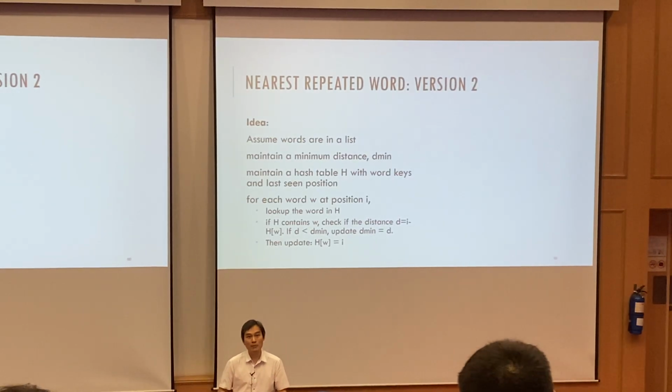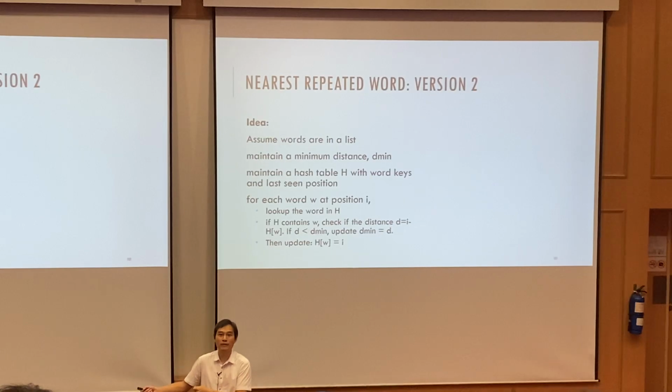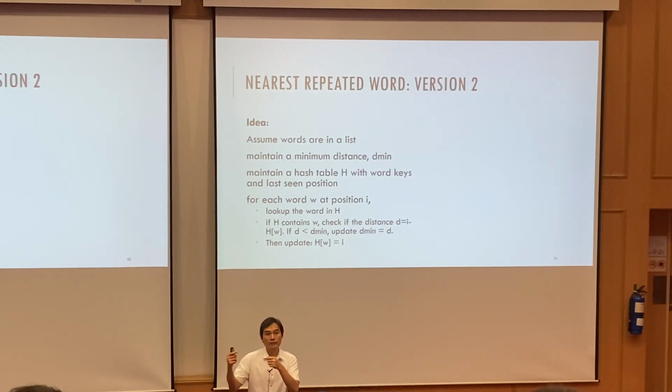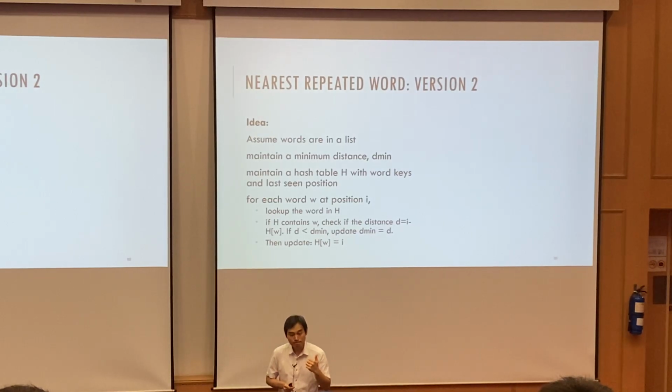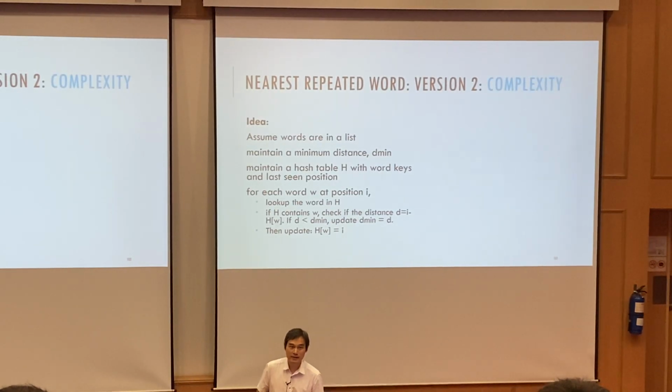And then I update my hash table and keep moving forward. This works because once you find the last seen point, you don't have to look further than that. Whatever is repeated before will definitely be further away. So you only need to look for the closest, which is the one that you just last saw. So this is much faster. What's the time complexity for this, assuming that your hash lookups are O(1)?